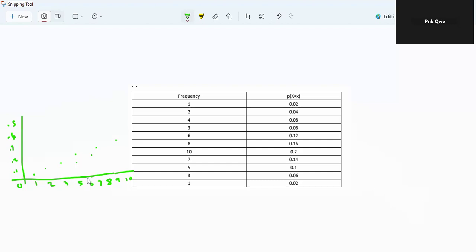Draw this basically to look like a normal distribution. You draw this properly.